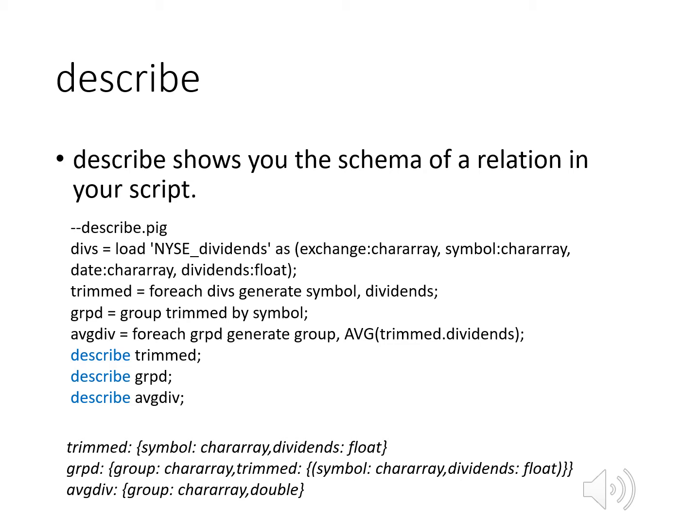Then after those operators, we can describe these three relations we generated and see how these operators work on the data and generate new relations. Describe uses Pig's standard schema syntax.